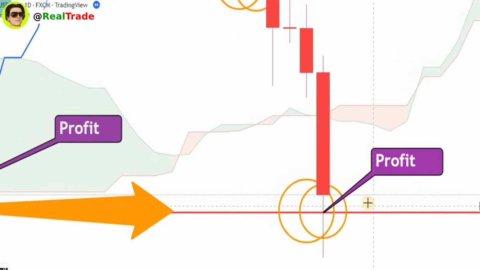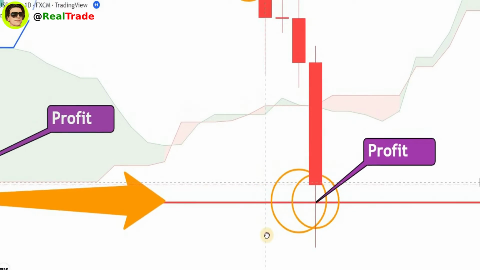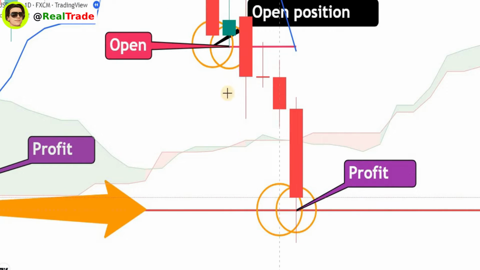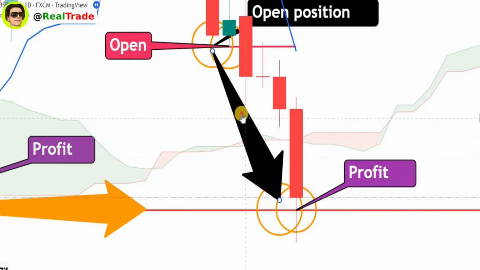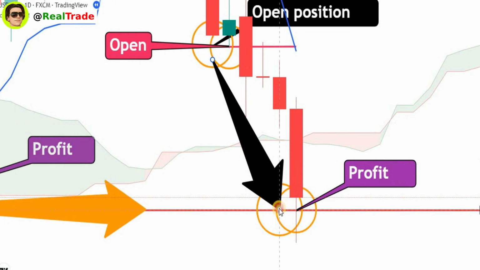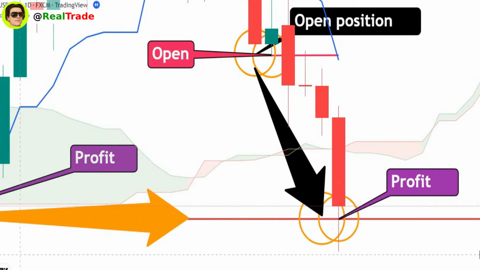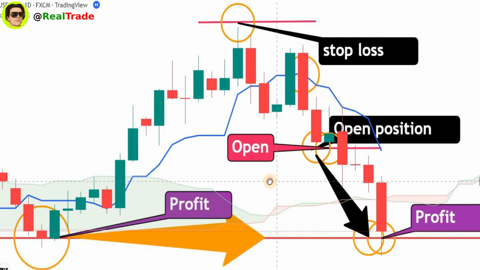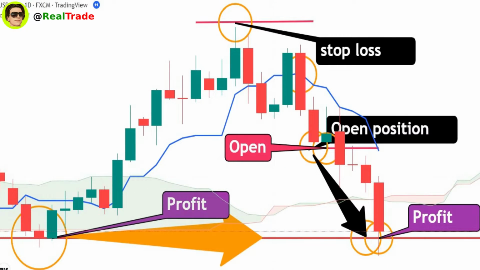Take profit. This position is a great position. Very good. Yes, take profit. Focus on the charts. Yes, it's very good.